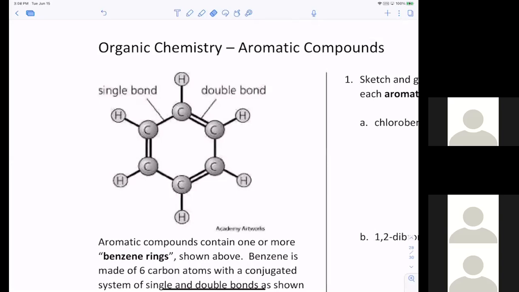I'm going to say something that's not technically true, but for grade 11 chemistry, it's good enough. Aromatic compounds are molecules that have 1 or more benzene rings. This weird thing you're looking at is a benzene ring. That molecule is benzene.